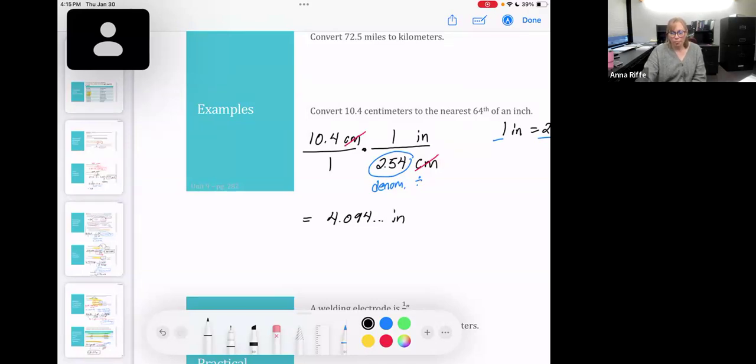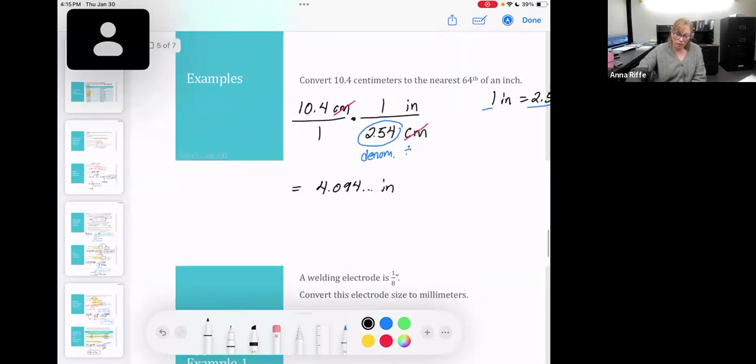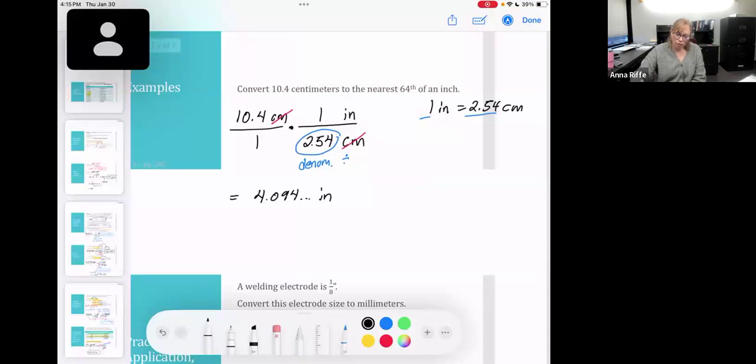All right. So we have this number now in inches, but we want to go a little bit further. We want to convert it to the nearest 64th of an inch. That was something we did on the very first day of class.